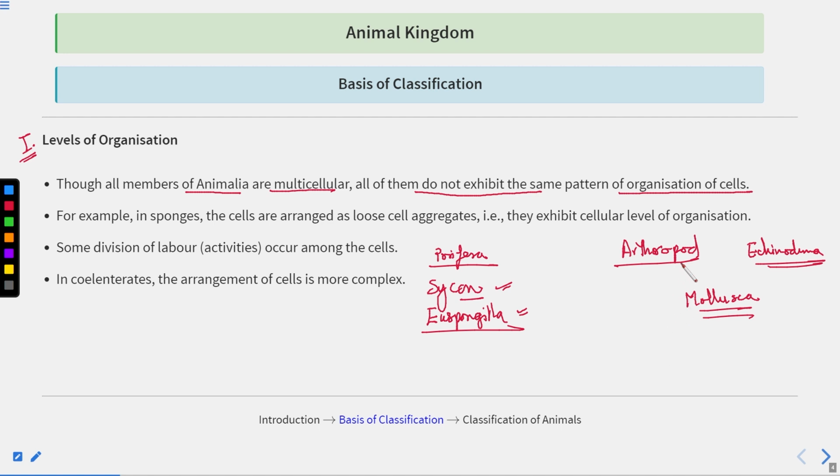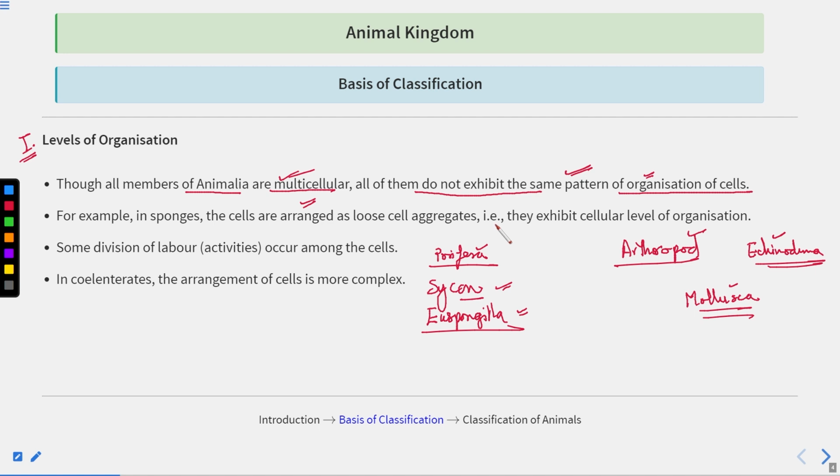So all the animals are multicellular, whether it is Porifera, Arthropoda, Echinodermata or Mollusca, all are multicellular and they do not exhibit the same pattern of organization of cells. Their organization of cells is different in each phylum.